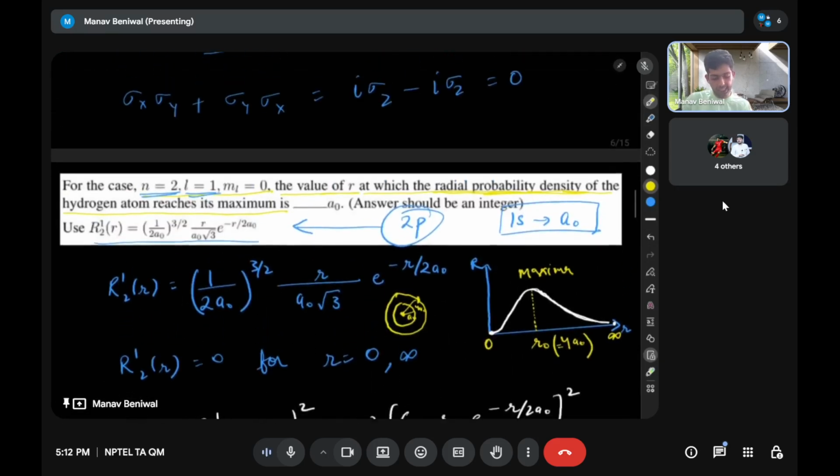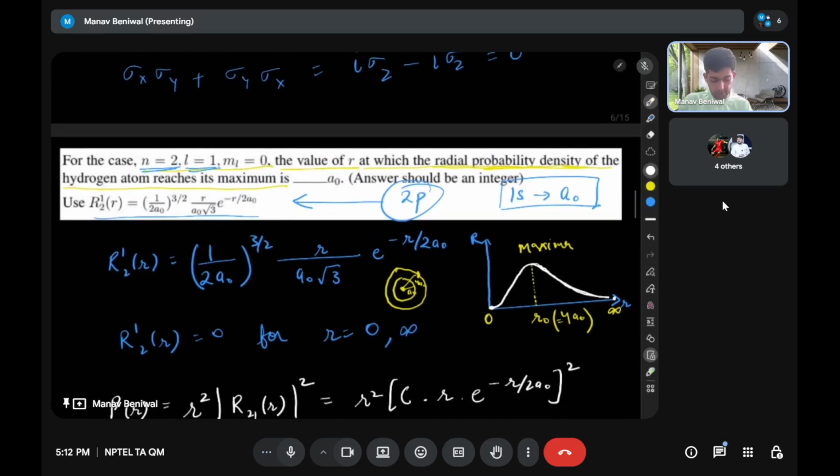That's why even if you look at this wave function, it only has 2 and 1, which correspond to n and l.